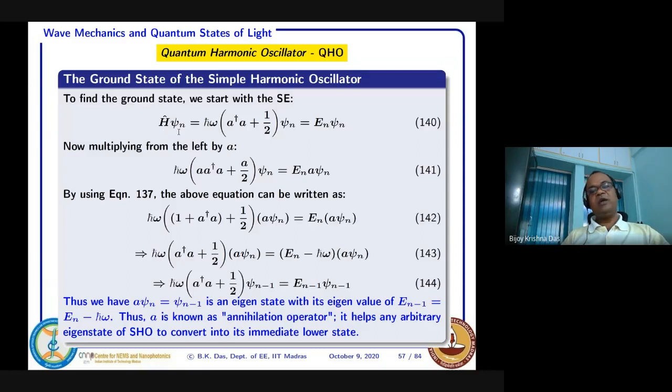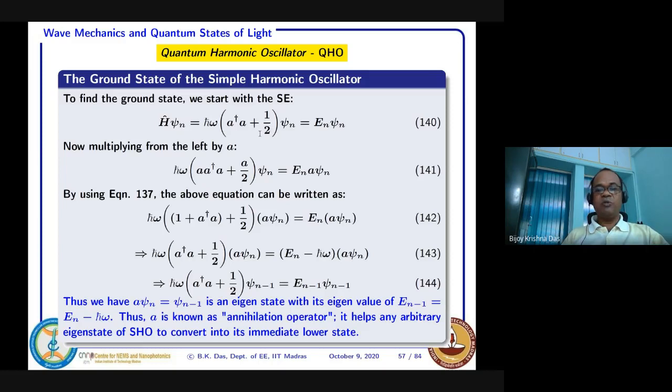Since we have already defined this Hamiltonian in terms of A dagger, if we operate on any arbitrary eigenfunction, any state psi n of the harmonic oscillator, we can replace H with the operator we introduced, A dagger A plus half. If you write A dagger A, it will be plus half, and if you write A A dagger, it will be minus half.